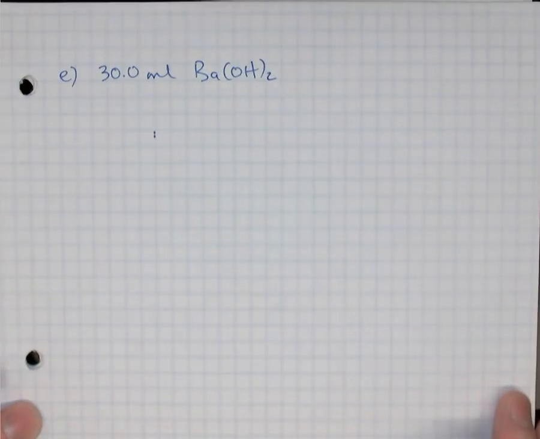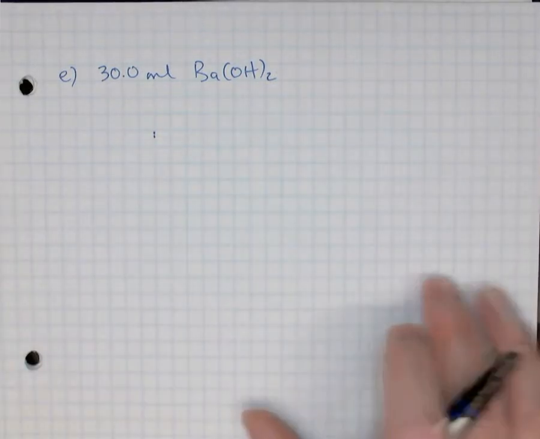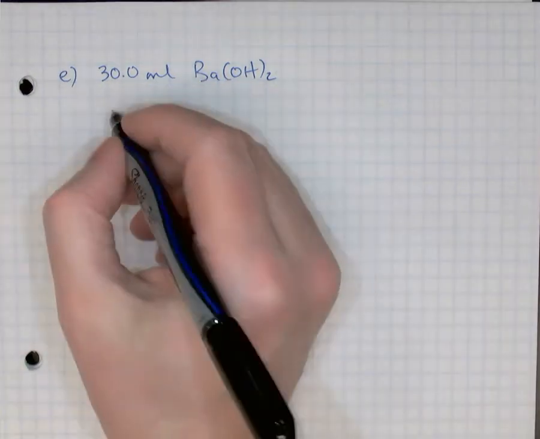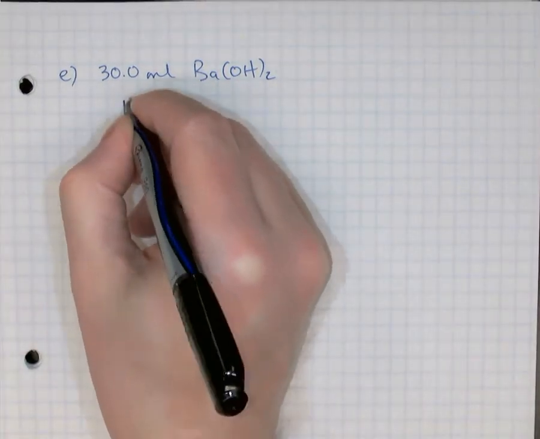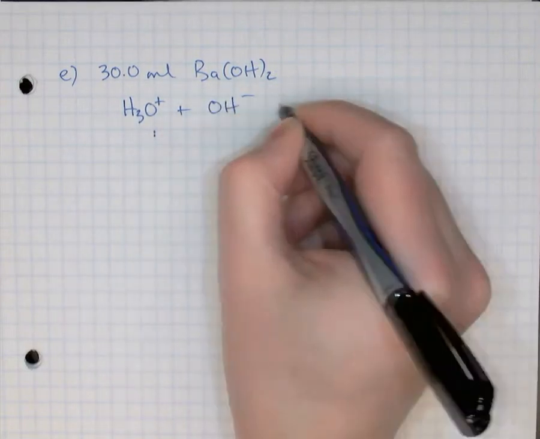Now in a normal acid-base titration, you stop at the equivalence point. You want your end point to be the same as the equivalence point. In a pH titration, we deliberately go past the equivalence point to create that full graph. So we'll have the same balanced equation. Hydronium reacts with hydroxide to make water.